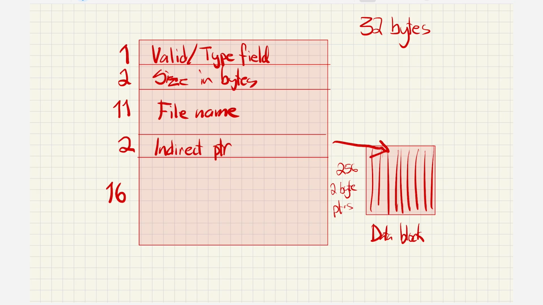And then the rest of this is the direct pointers. So we have 8 of those, and they will in turn point directly to a data block.